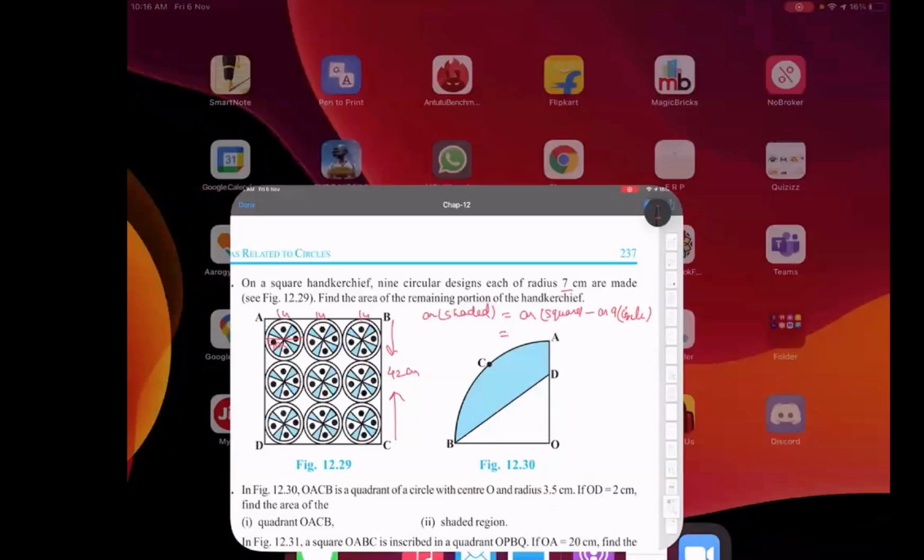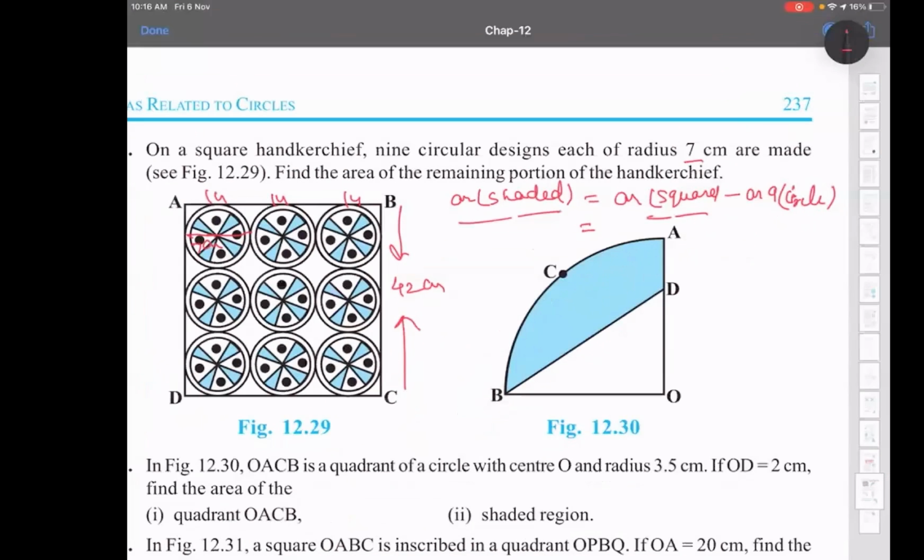Area of shaded portion is equal to area of square minus area of 9 circles. Yes, you all are comfortable?